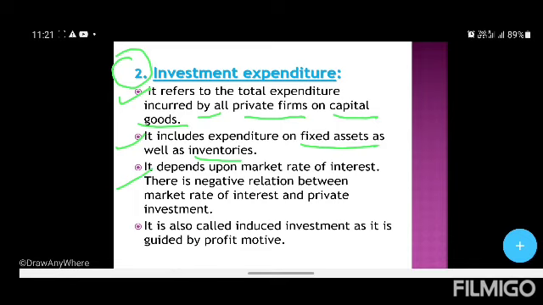Students, it depends upon the market rate of interest. Why? Because as your interest rises, मार्केट रेट ऑफ इंटरेस्ट पे ही हमारा इन्वेस्टमेंट डिपेंड करेगा. As your interest rate rises, the investment falls. Therefore, we can say there is a negative relation between market rate of interest and private investment.